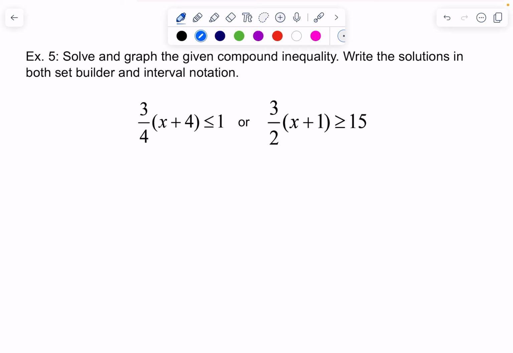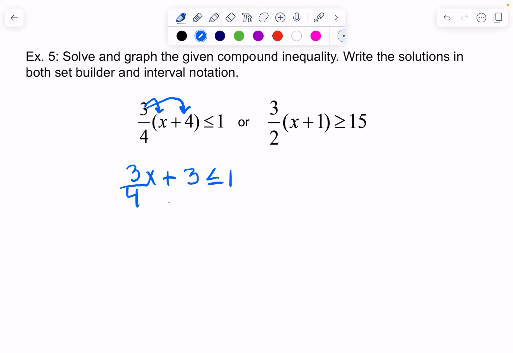Please remember that when we're dealing with distributive properties and equations, we want to go ahead and first distribute everything that's being multiplied to that polynomial. So we're going to have 3/4 x here plus 3/4 times 4 is 3, and that is less than or equal to 1.